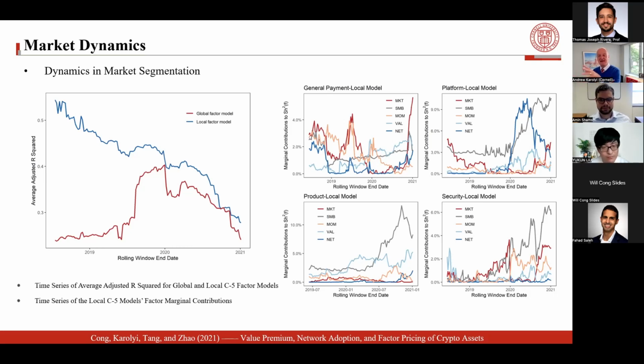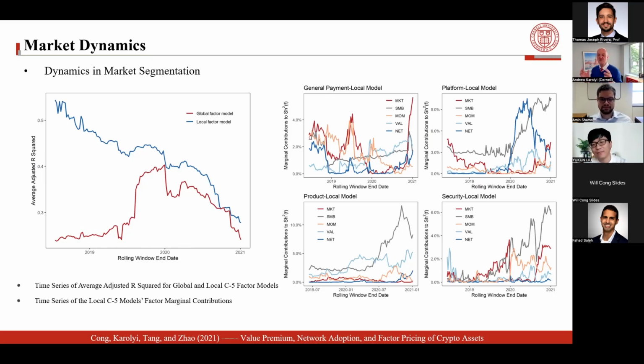Which tells you that maybe there's an opening for some other factor that's not inside the C5, some sort of magical sixth factor that may be coming up the middle. But it's clear to us when you look at this picture that more and more investors in the token space seem to be spreading their wings beyond a subsegment within which they once were highly concentrated.